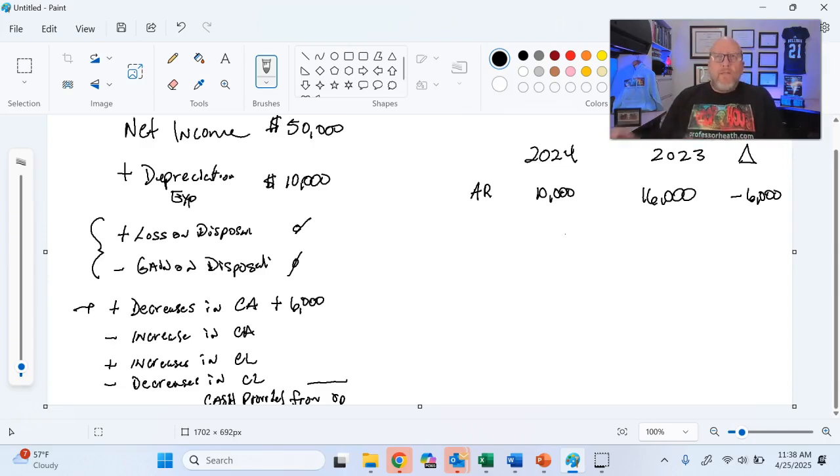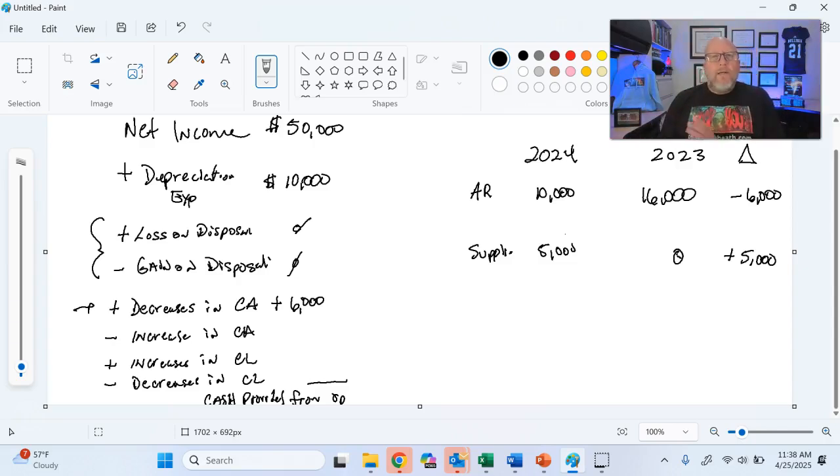So the opposite is true. An increase to a current asset is a use of cash, right? So maybe we could talk about supplies. Supplies is a current asset. Let's say I have supplies of 5,000 in 2024, and I had no supplies in 2023. The change is a $5,000 increase in supplies.